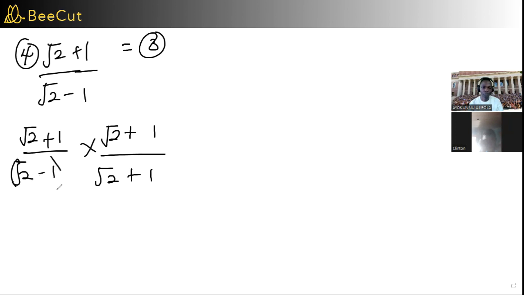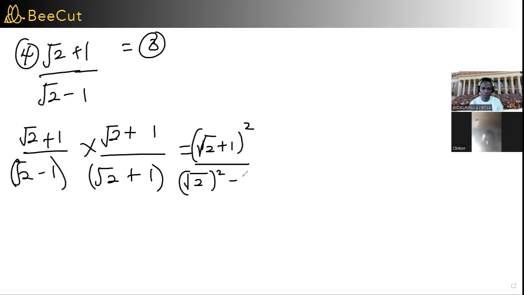So this one is a difference of two squares, while the one above is root 2 plus 1 all squared. Yes or no? Yes, sir. And over root 2 squared, let me just write it with 2 plus squared, then minus 1 plus 1.